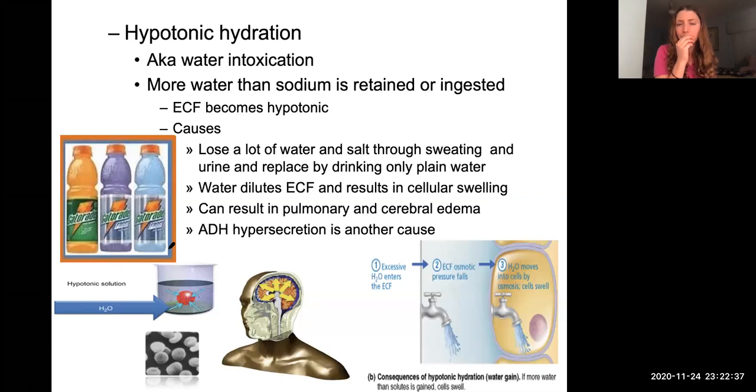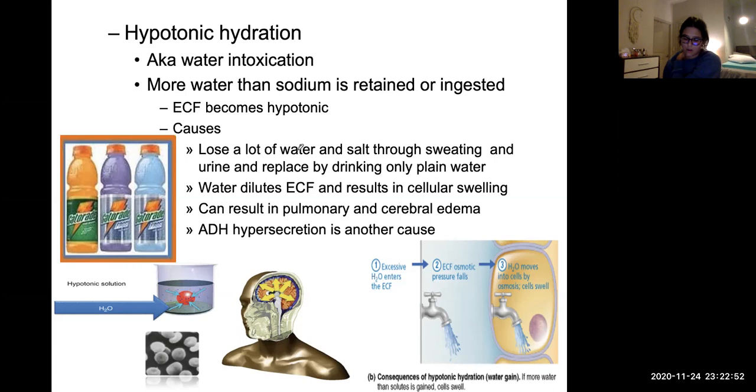It becomes hypotonic, so the water goes back into the cell. Yeah, and this swells the cells, which is what causes the problem, and that could cause cerebral edema or pulmonary edema, because the cells are swelling, and that's what will cause it later on.